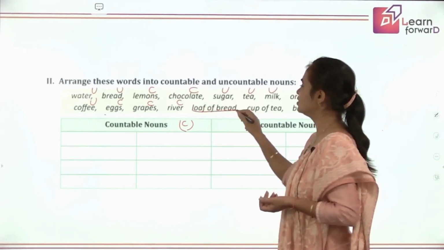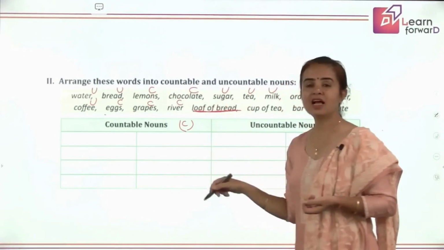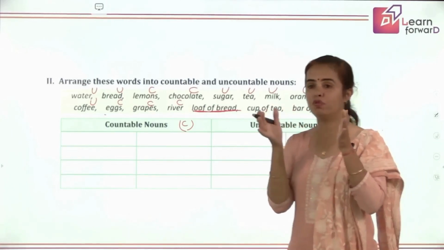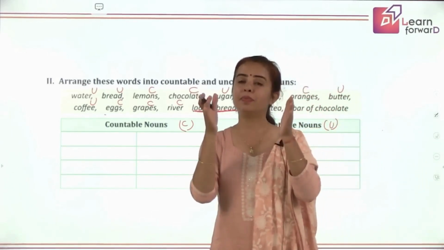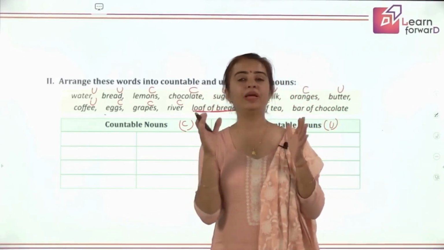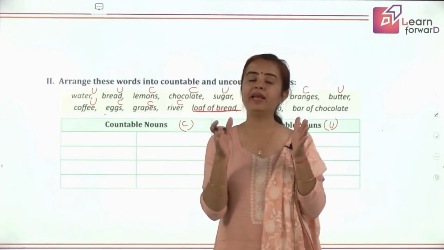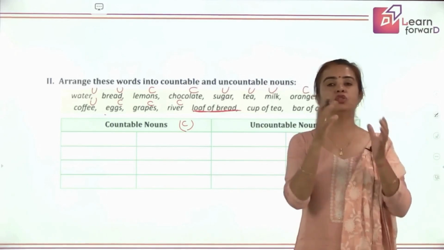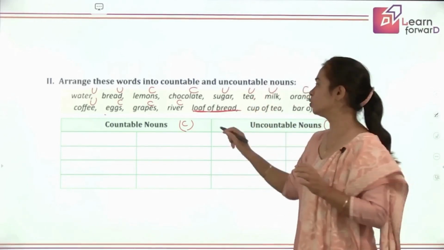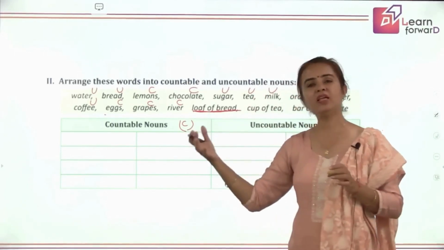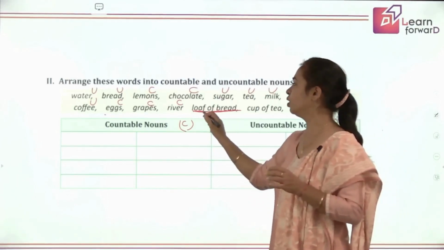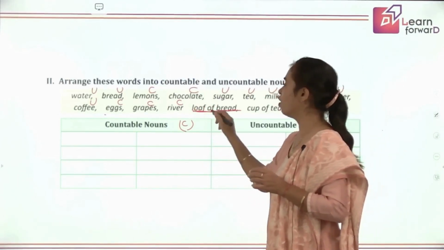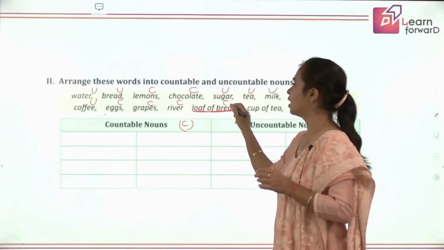Yes, see students, bread is uncountable, but the loaf of bread is the whole big loaf. That is a bread and you cut that loaf into slices of bread. So when it is one whole, that is called a loaf, and you can have many loaves also. You can have the plural of loaf. So loaf of bread, that is countable.